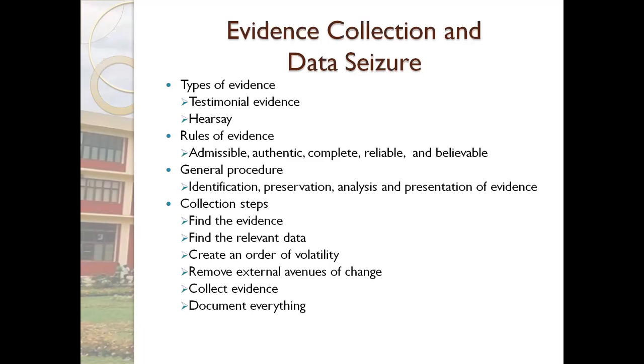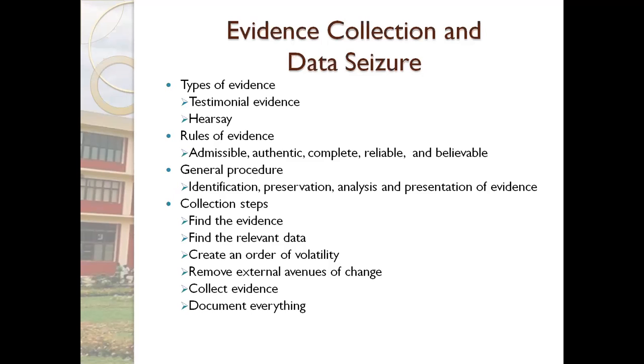So hearsay is any evidence presented by a person who was not a direct witness. A word processor document written by someone else without direct knowledge of the incident is hearsay.